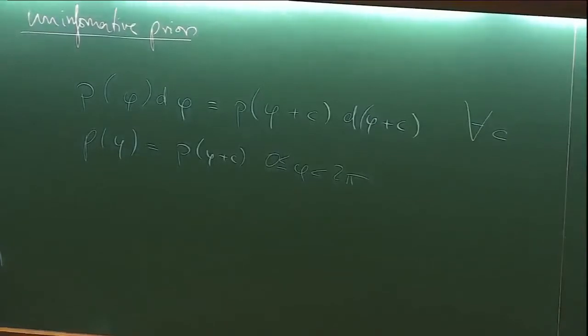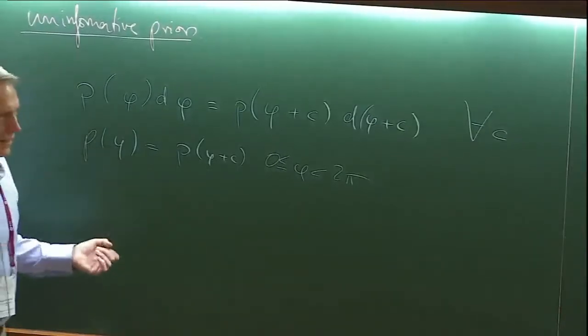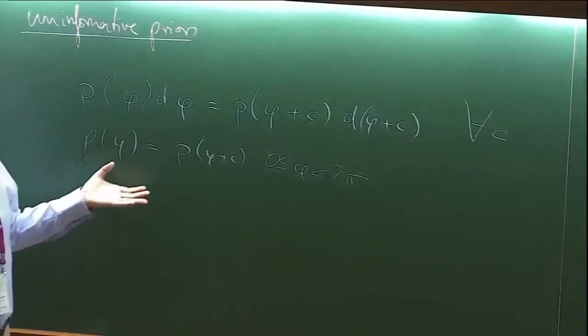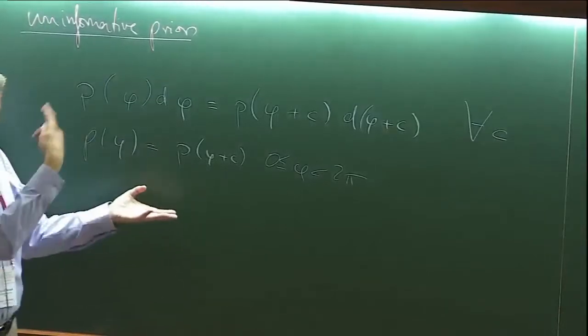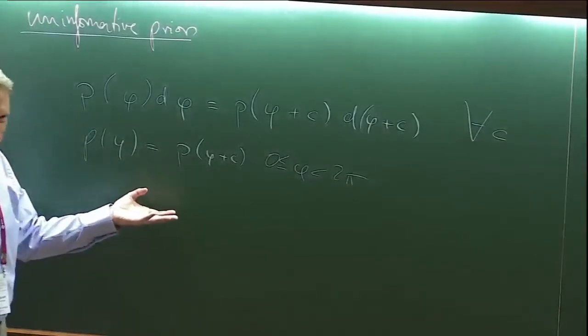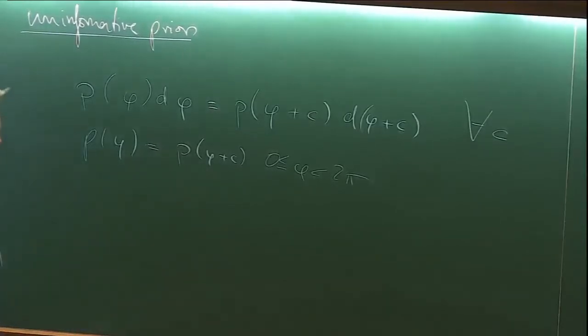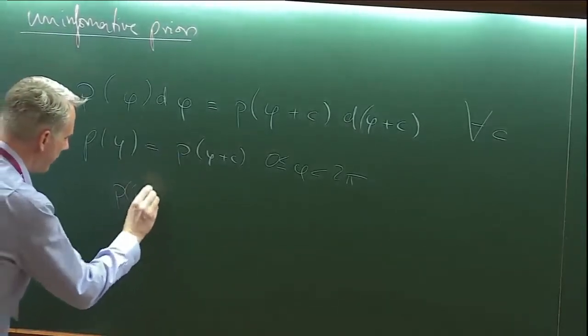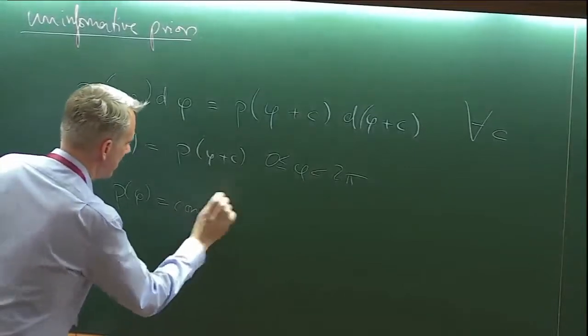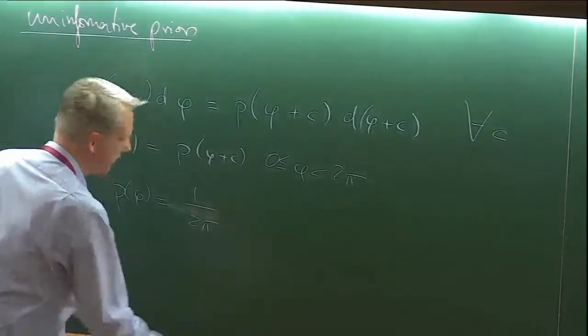The unique answer to this, and you can be formal about it, is a functional equation for a probability distribution which has to be larger than 0 and integrate to 1. The function that solves this functional equation is just p(phi) equal to a constant, and actually it's 1 over 2 pi.